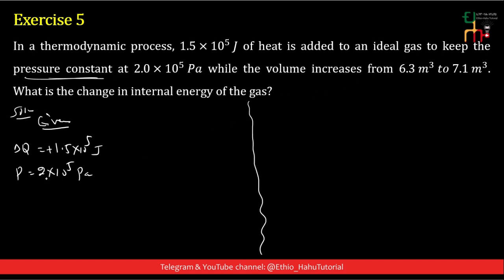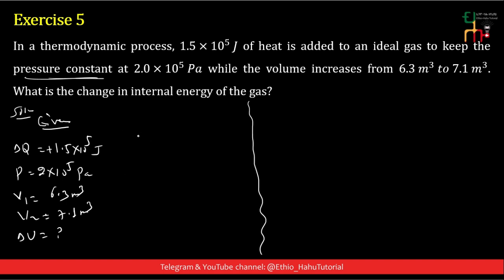While the volume increases, V1 is equal to 6.3 cubic meter, and V2, the final volume, is 7.1 cubic meter. What is the change in internal energy of the gas? Change in internal energy of the gas is the required quantity.